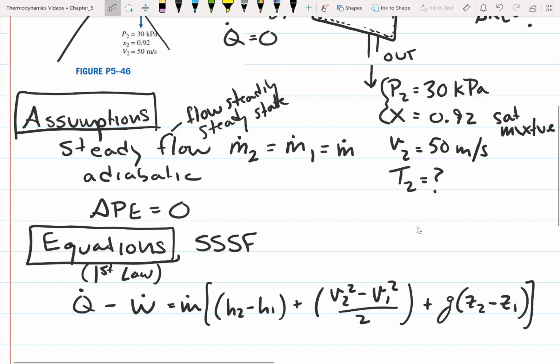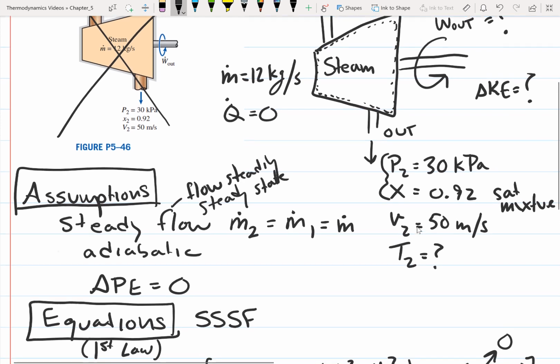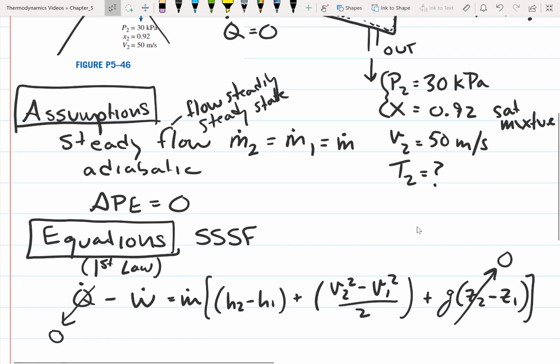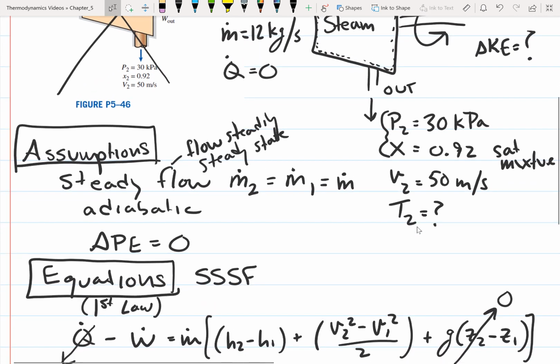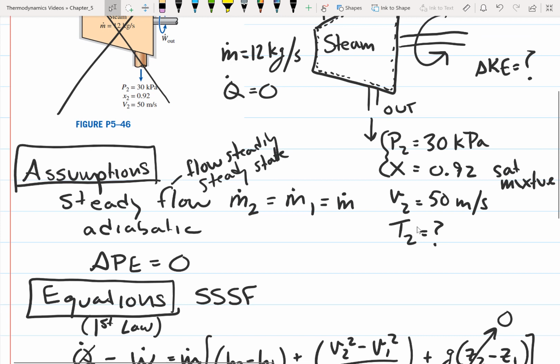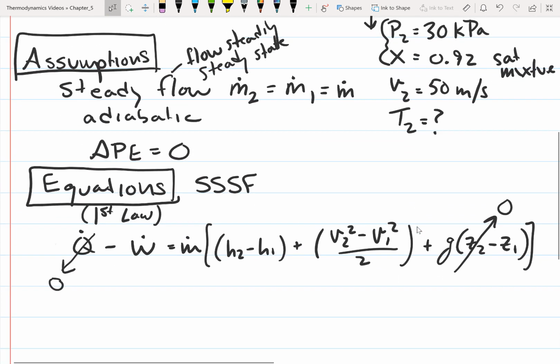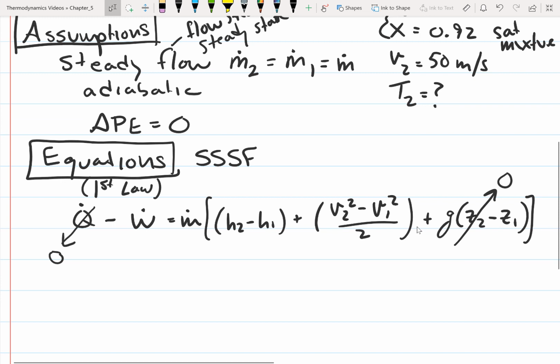And so theoretically you could just take that equation and write it down, and it wouldn't have the potential energy term or the heat term. But the problem is, what if you do need to consider the potential energy? I don't think you'll need to for a turbine unless it's giant. But turbines are often well insulated, but if they're not, then you could potentially have heat into or out of the system. But we know that the change in potential energy is zero.